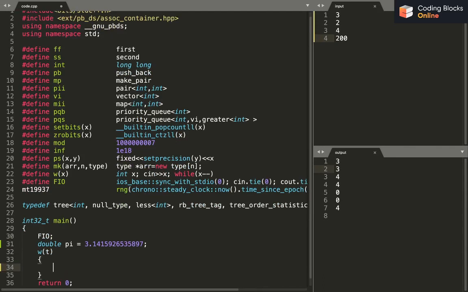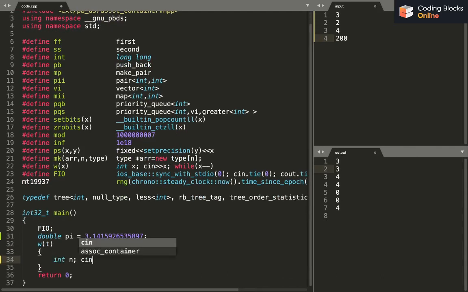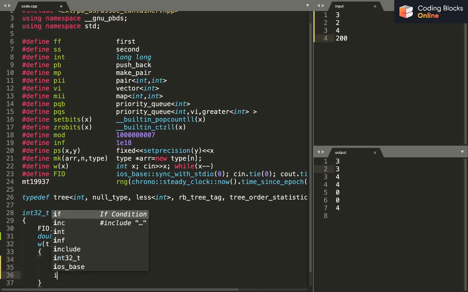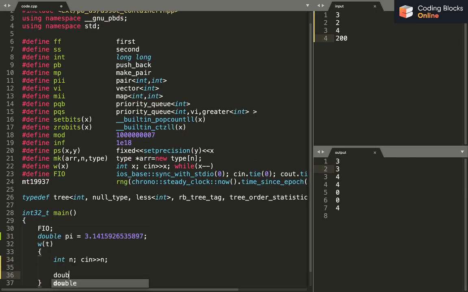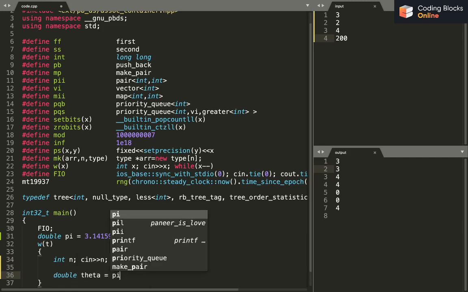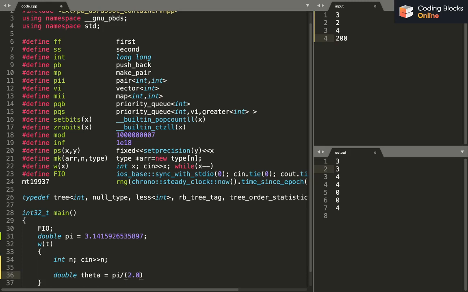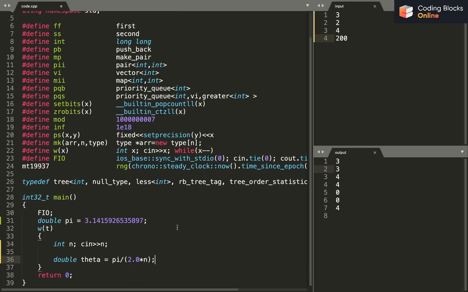So for each test case I'll get n. I know that the value of my theta is going to be pi by 2.0 into n. That's what we discussed, right? Pi by 2n. And I know that my answer equals 1 by tan theta, right? That's it.